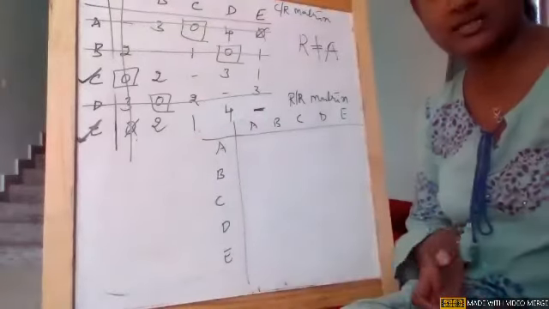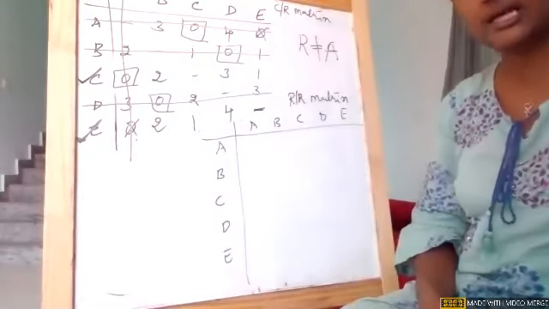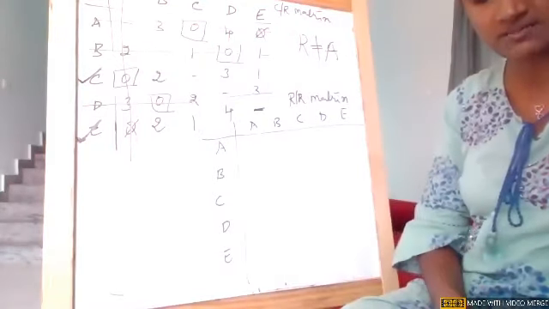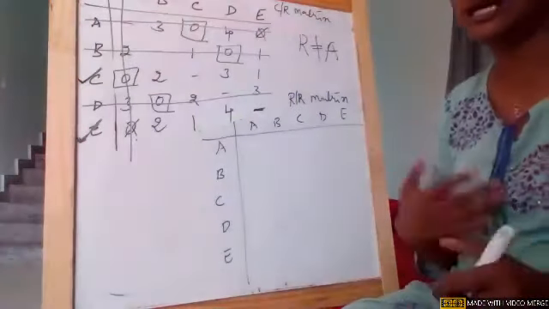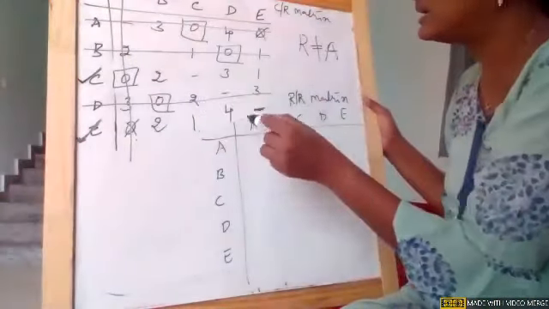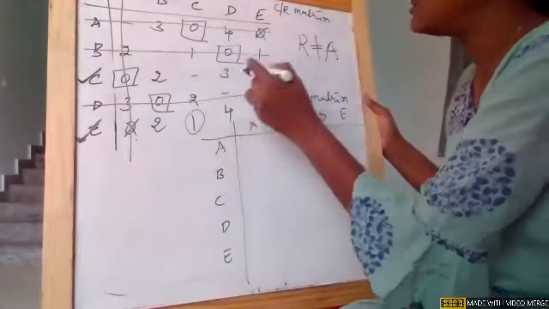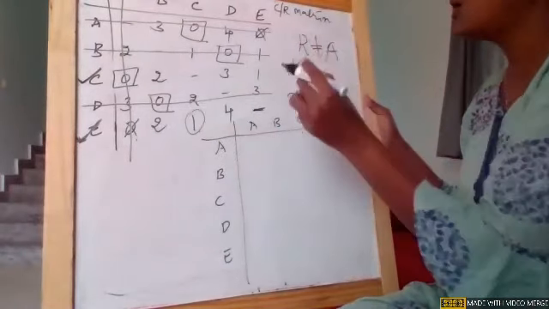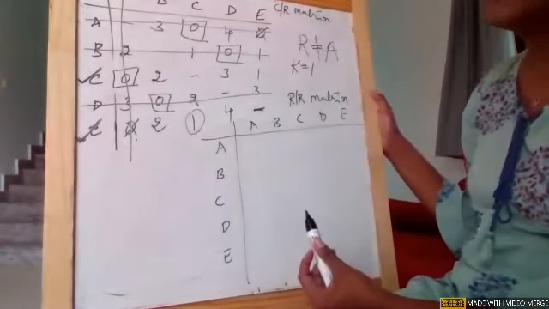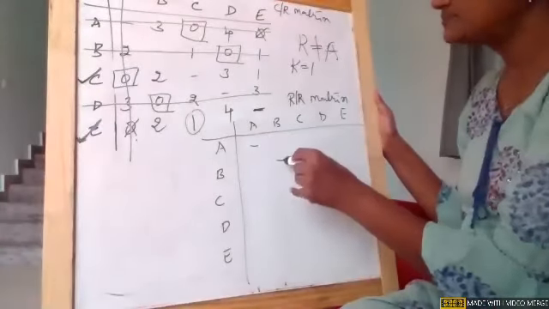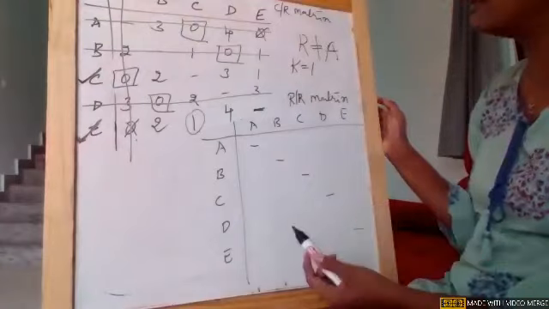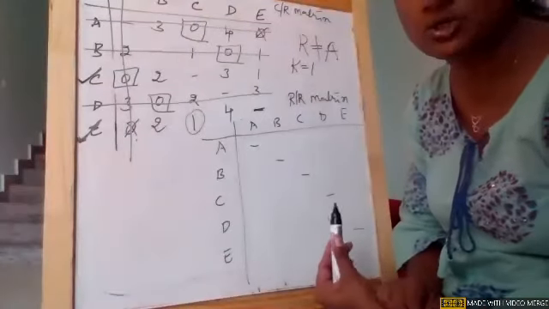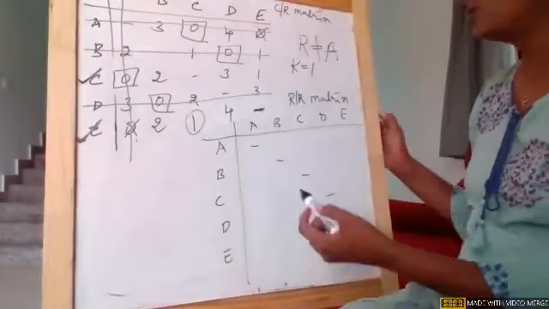This is the first time even I tried this problem, and you can see there were zeros in the uncovered area, so I redid it. The smallest value is 1, so k is equal to 1. Same process: wherever there are two lines, add 1. Wherever there is one line, the value remains unchanged. Wherever there is no line, we subtract 1.